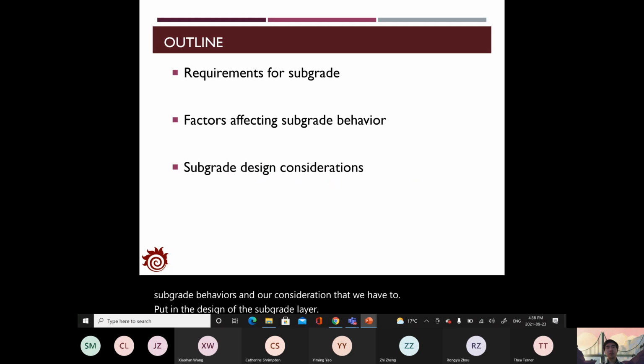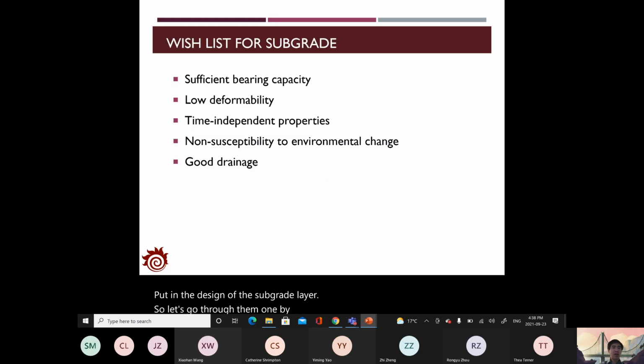So let's go through them one by one. Basically, there is a set of features that we want the subgrade to have in order to provide a reliable subgrade layer to support the pavement structure.